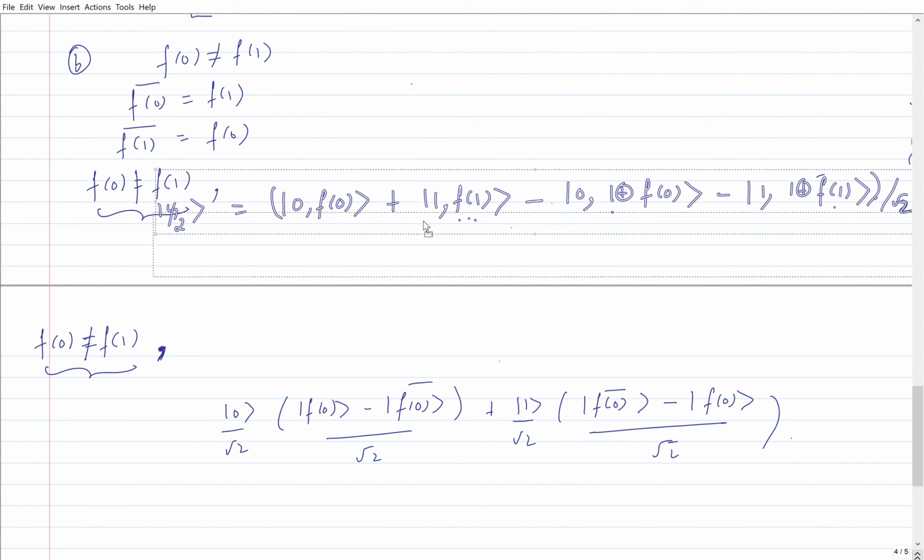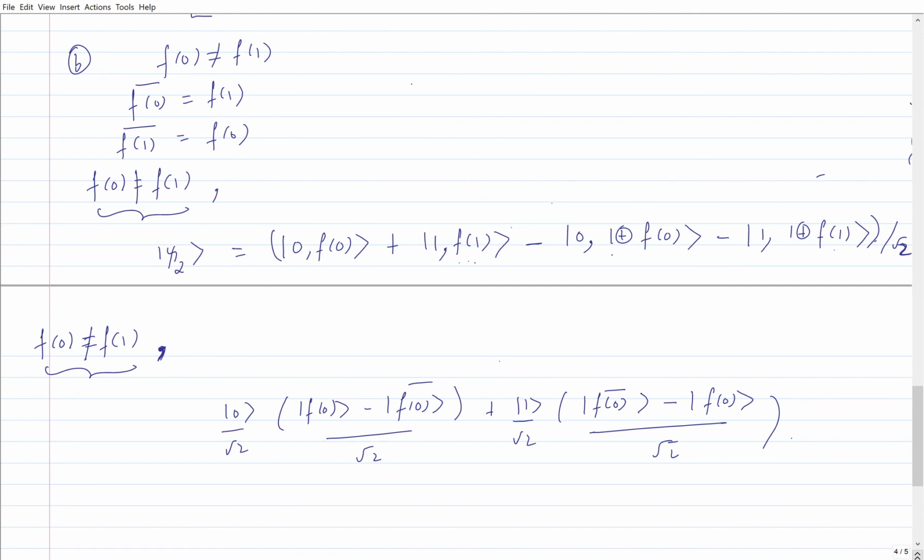So this is the state again I am going to evaluate, and since now I have a balanced function where f0 is not equal to f1, what will that evaluate to? So I'll have psi2, that's going to be f0, and I can again write it in the form of a factor.